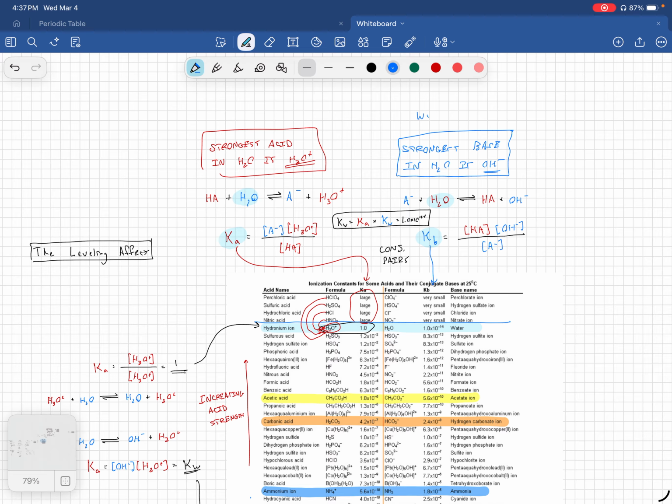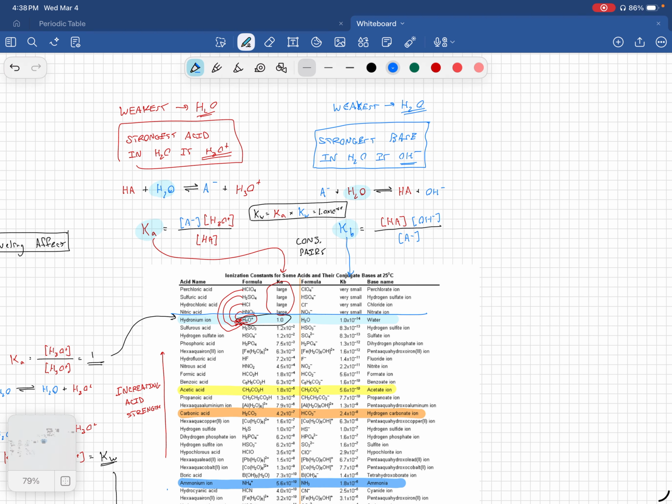The weakest base in water is water, and the weakest acid in water is water, with a Ka value of Kw in the case of H2O as an acid, and H2O as a base. And the weakest base in water is, of course, again, H2O. So again, leveling effect of water.